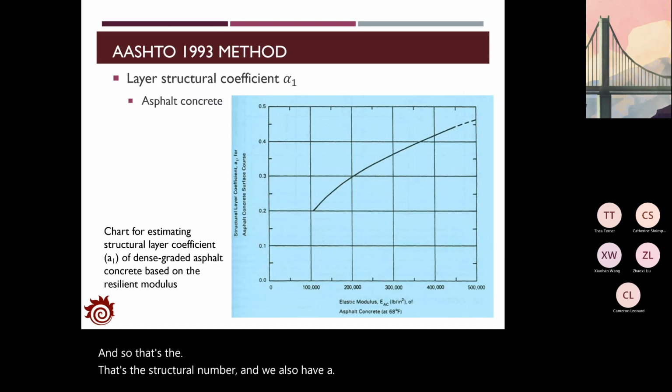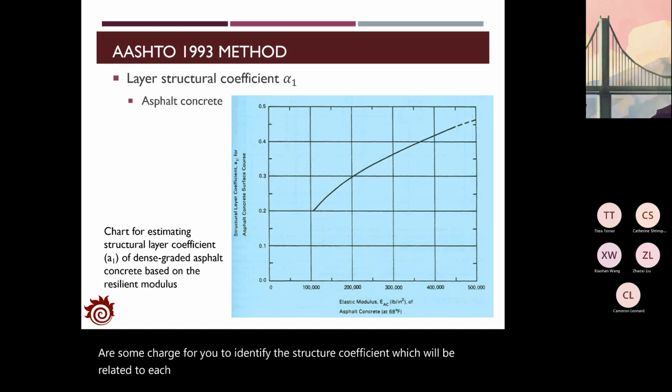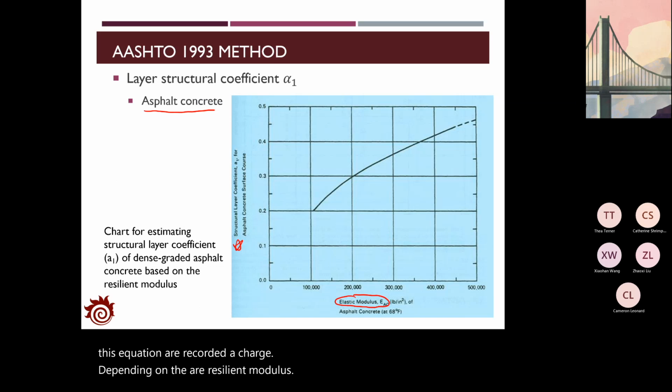We also have some charts for you to identify the structural coefficient related to each layer. For the first layer, the asphalt layer, we can just recall this chart. Depending on the resilient modulus, we can find out the structural coefficient.